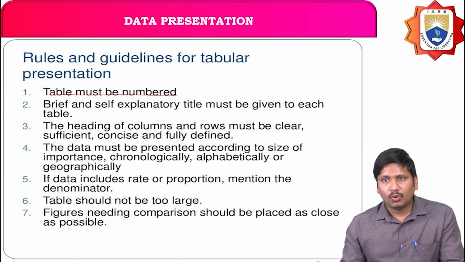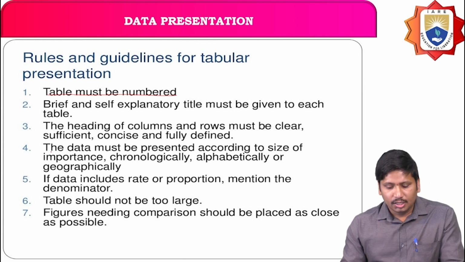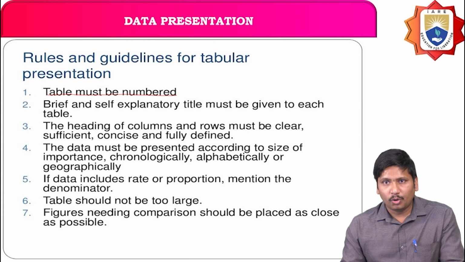So the headings we create in the table, whether column or row, should be very clear, sufficient, concise, and fully defined. Next, the data must be presented according to the size of importance, chronologically, alphabetically, or geographically.